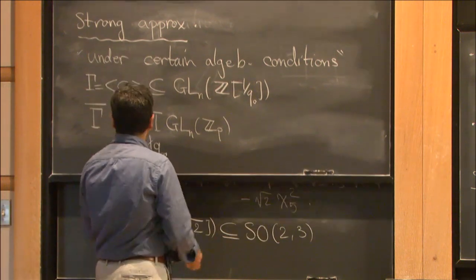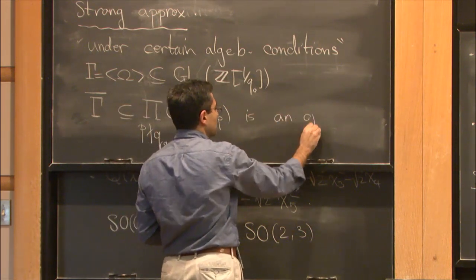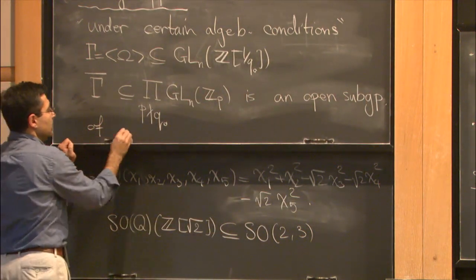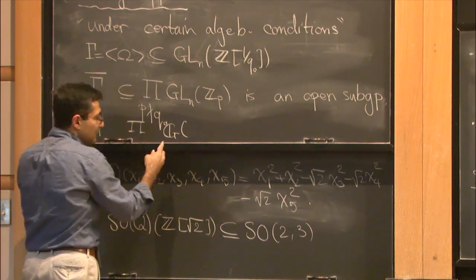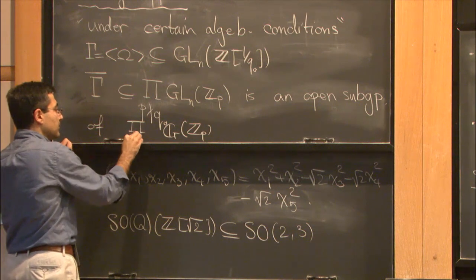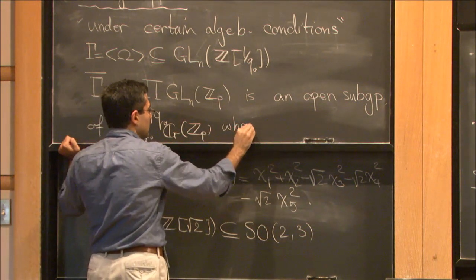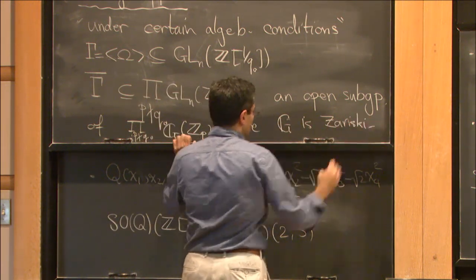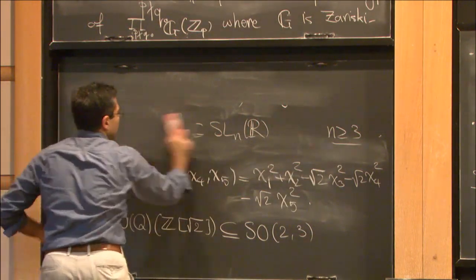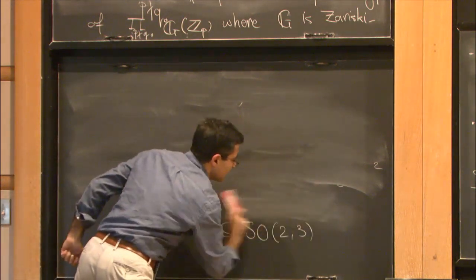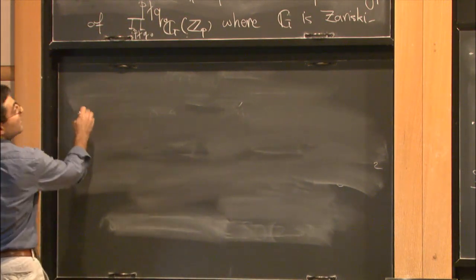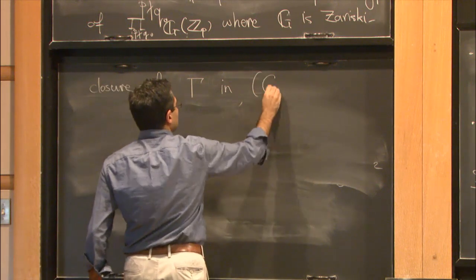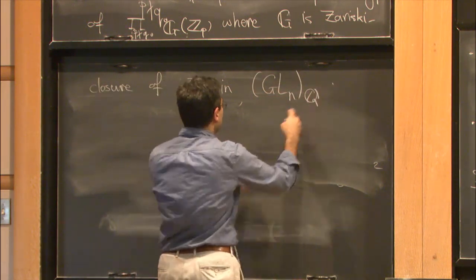Okay, so then this is an open subgroup of the product of G, this bold guy, P, where this is the Zariski closure of gamma in GL_N. Okay, this is just a fancy way of saying that I look at it over Q.